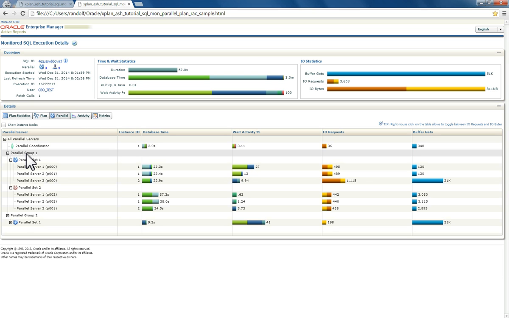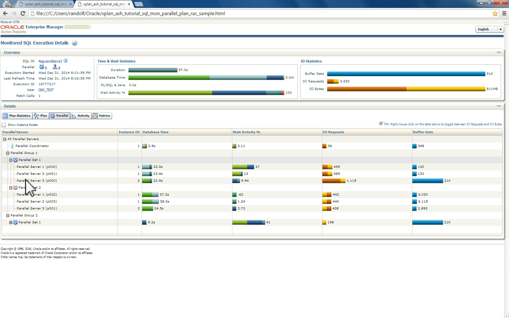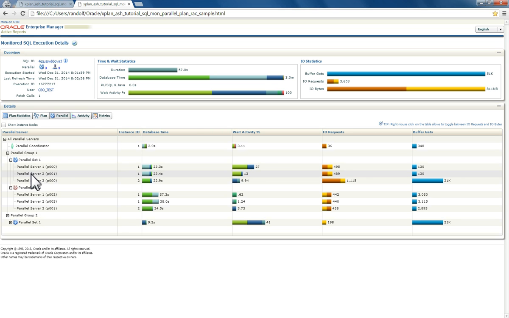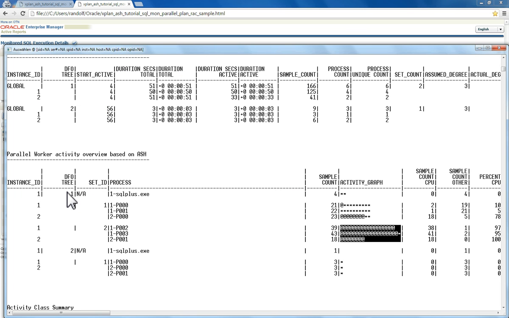So that is probably more confusing than helpful, but you just have to keep in mind that when you read parallel group here, what is meant is DFO tree. So this corresponds to the DFO tree information here.